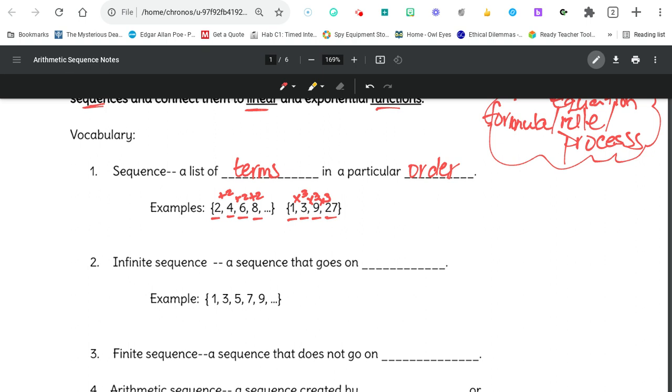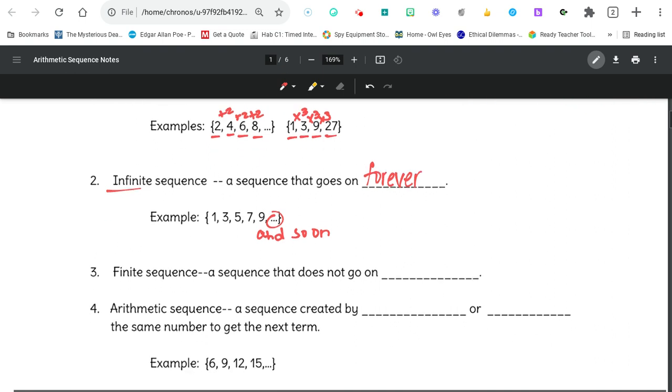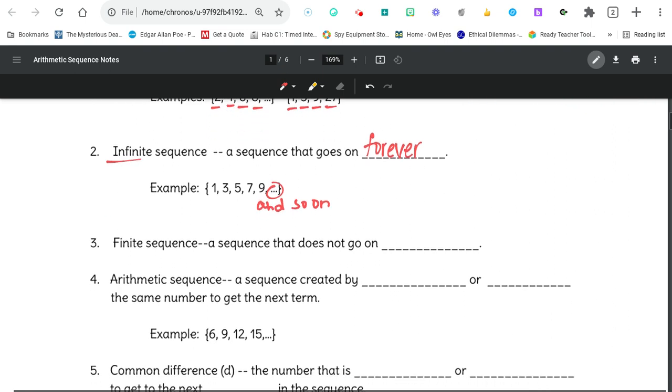An infinite sequence is a sequence that goes on forever, hence the word infinite. You'll see the ellipses at the end: 1, 3, 5, 7, 9, and then the ellipses indicating and so on, which means it goes on forever. A finite sequence, well, if it's not infinite, it's finite, is a sequence that does not go on forever.